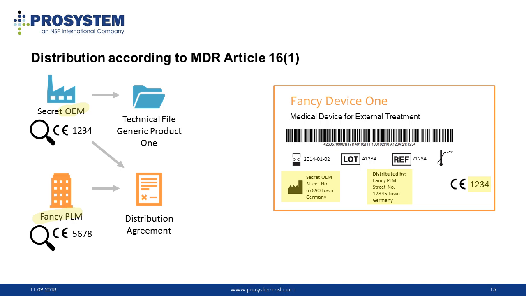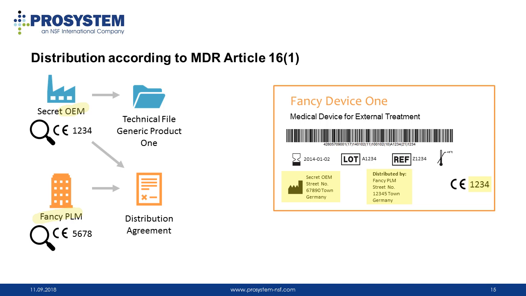But with all these problems that might occur in the future, you are not responsible anymore, as a PLM, for example, for product registration. So you have to keep in mind, if you are a PLM right now for these OEM products, you can do the complete product registrations in different countries.